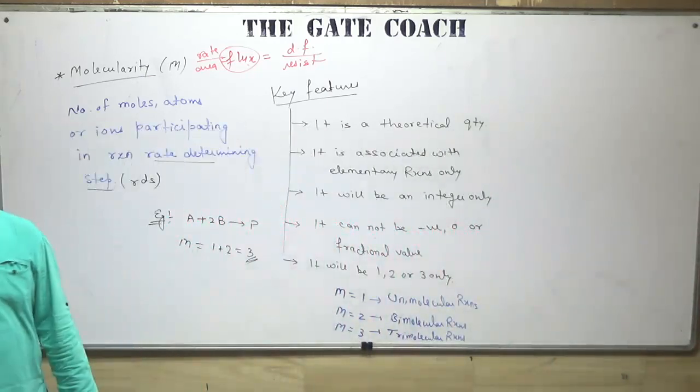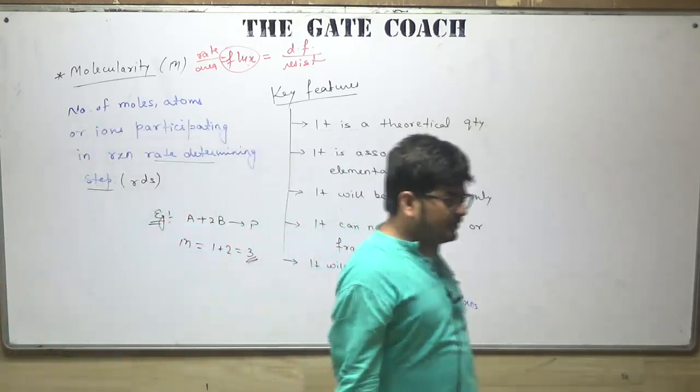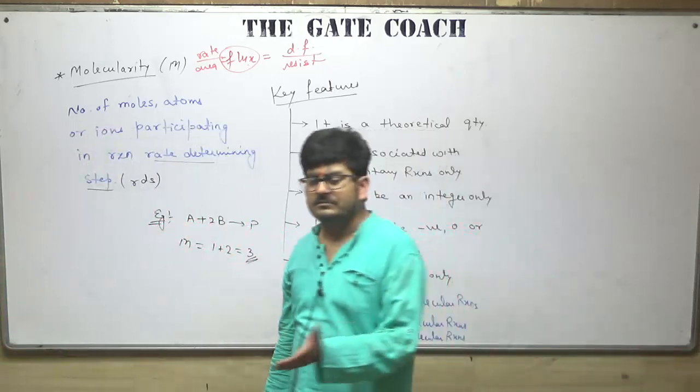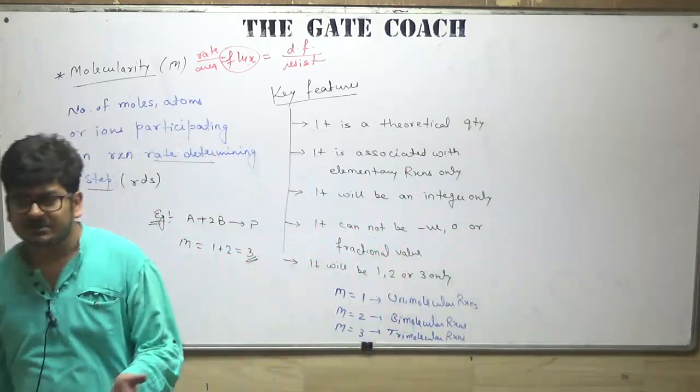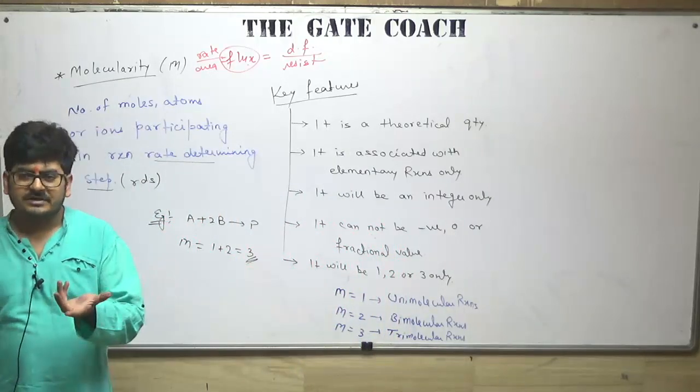Suppose we have a chemical reaction like ammonia synthesis. N2 plus 3H2 gives 2NH3. We know that whenever 1 mole of nitrogen comes in contact with 3 moles of hydrogen, they will form 2 moles of ammonia. That is the overall reaction.